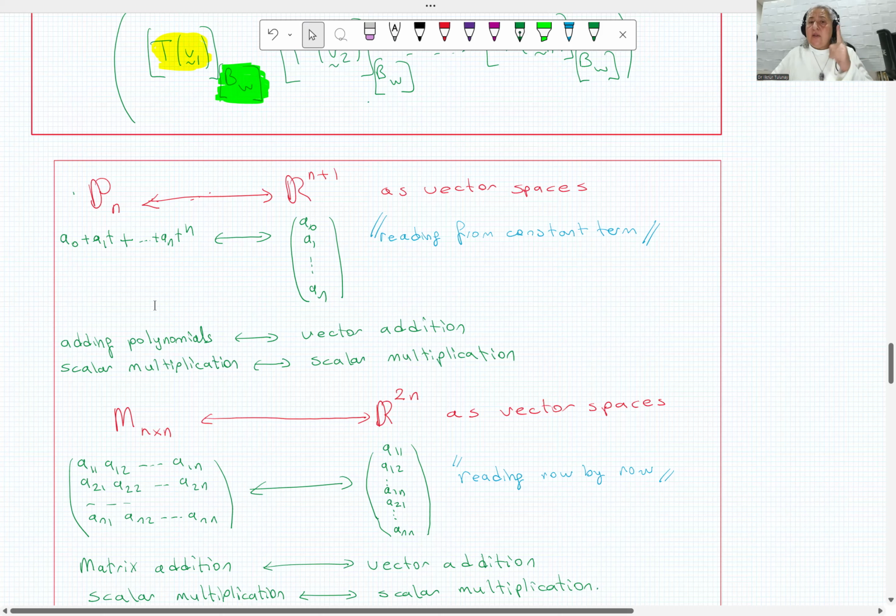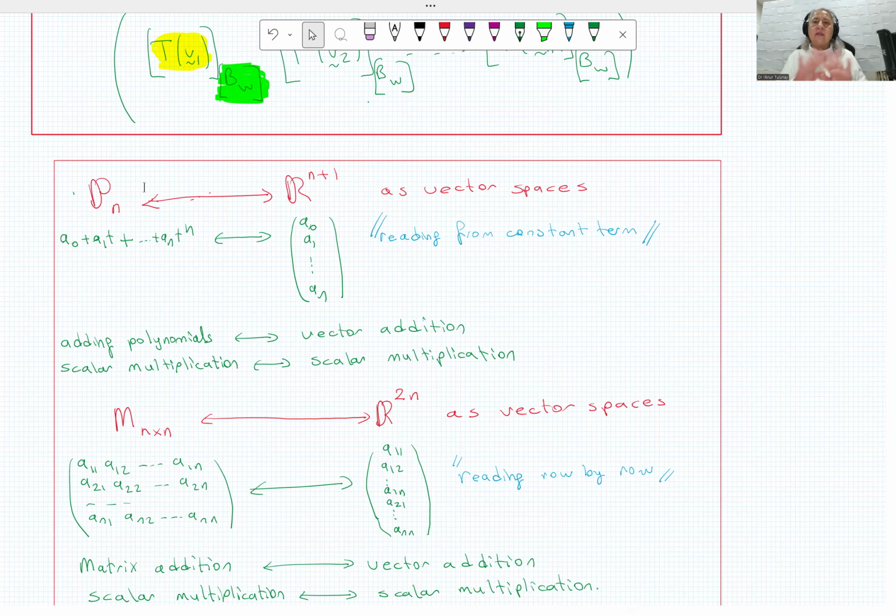And these are isomorphic as vector spaces, because addition of the polynomials here is exactly the same as addition of the vectors here, and scalar multiplication here is scalar multiplication here. When you think about polynomials, you usually think about multiplying them as well, but this has nothing to do with the vector space structure.